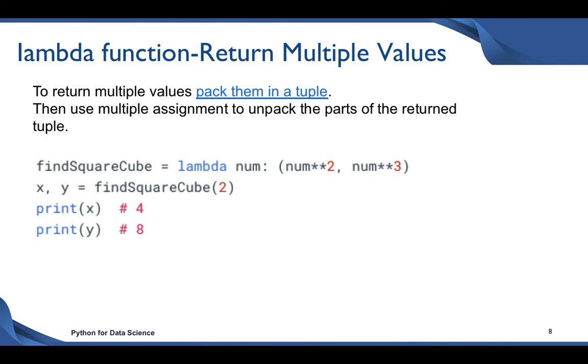Now lambda can also return multiple values, right? But those values have to be contained in a tuple. We need to explicitly pack them into a tuple, whereas in the case of a normal function we don't need to pack into a tuple, because it itself will return the tuple, right? So we need to give the round brackets to make it a tuple, and then likewise we can return multiple values from our lambda function.